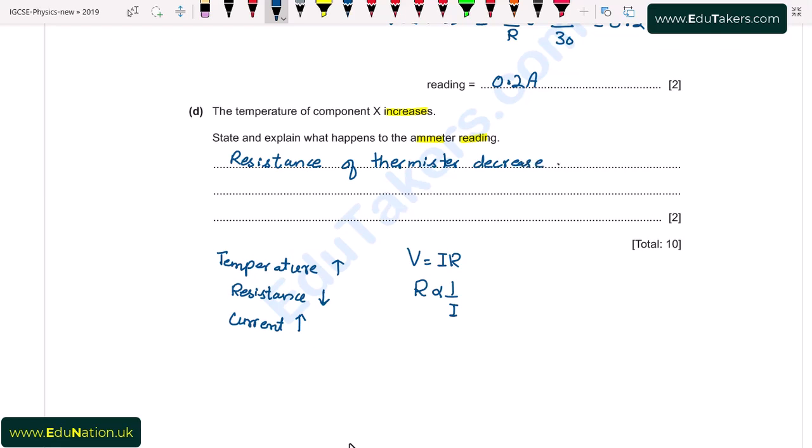So that the circuit resistance decreases. Here one component's resistance decreasing means that the resistance of the whole circuit decreases.